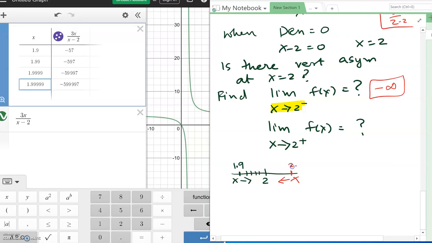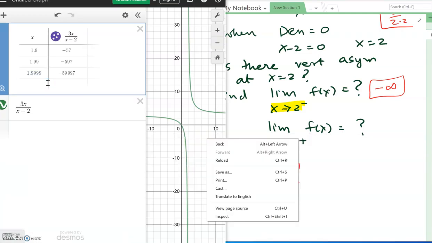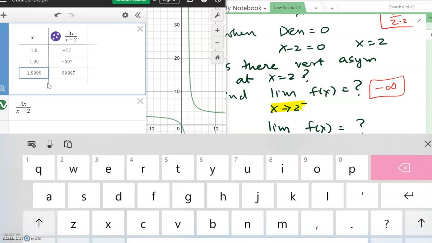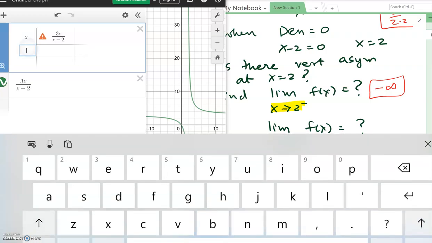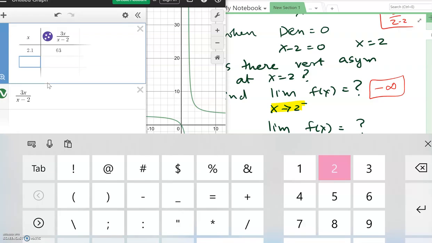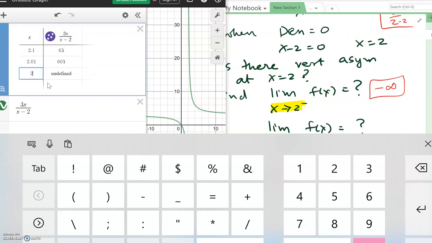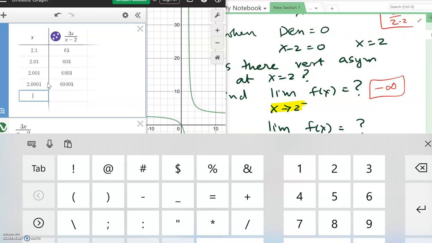The right limit would be x approaches 2 from the right side. We're going to start off with 2.1 and then move closer: 2.1, 2.01, 2.001. We can identify a pattern here.